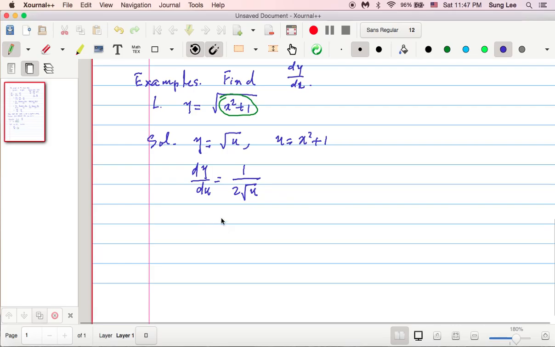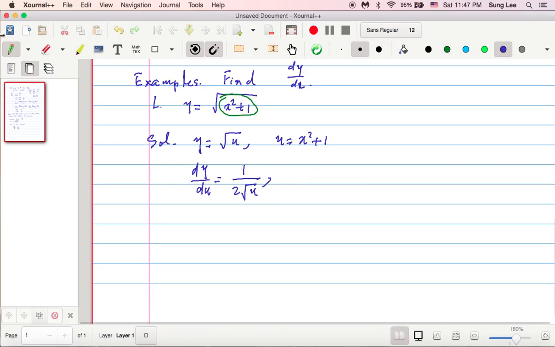In one of the earlier lectures, I asked you to remember the derivative of the square root of x, which is 1 over 2 times square root of x. You stumble upon it so often, you better remember that to save time and energy.